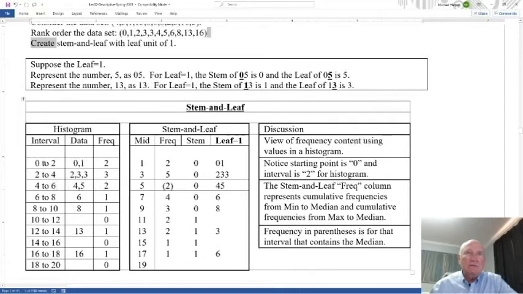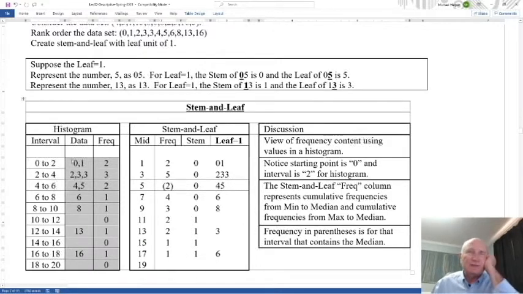Okay, 0, 1 is going to be in that interval. 2, 3, 3 is going to be in this interval. 4, 6 is there. 6 is going to be in that interval. 8 is going to be in that interval. There's nothing in that interval. 13 numbers in that interval, etc. The frequency, there's 2 numbers there. There's 3. There's 2, 1, 1, 0, 1, 0, 1, 0. Okay, so there's my histogram.